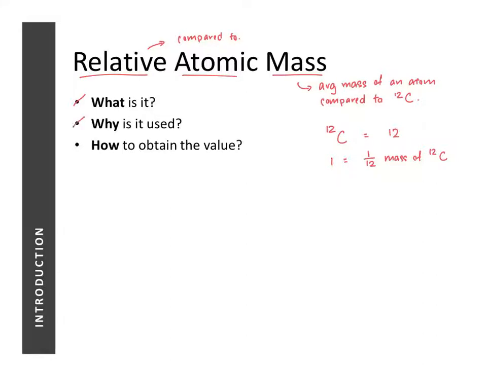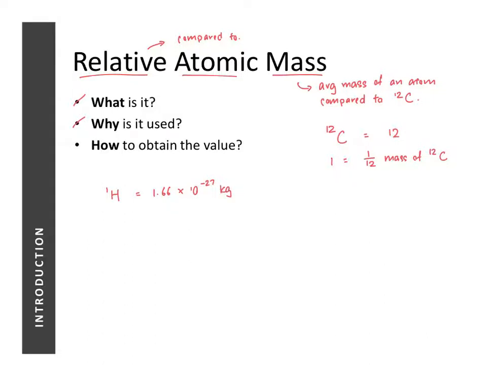Now, why do we have to compare the masses of atoms to the carbon-12 atom? Imagine I have a hydrogen atom in my palm. How heavy is it going to weigh? A hydrogen atom is 1.66 times 10 to the power of negative 27 kilograms. That is very small.